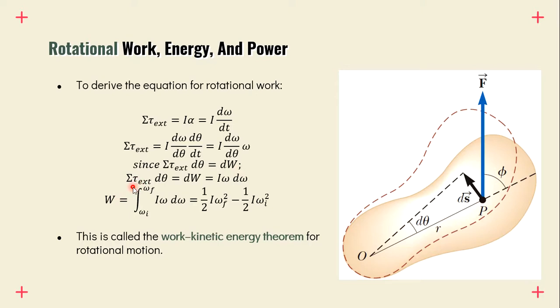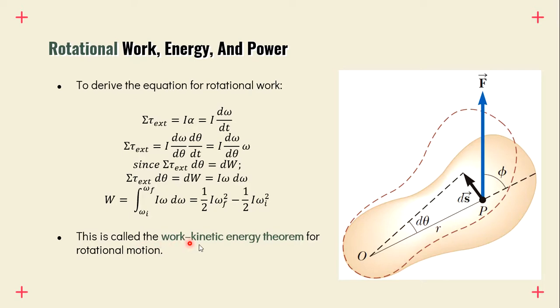I can have dW equal to I times angular velocity times dω, and integrating this side of the equation so that I can get W, work is equal to the integral of Iω dω from the initial velocity to the final velocity. This gives us 1/2 Iω² (final) minus 1/2 Iω² (initial).